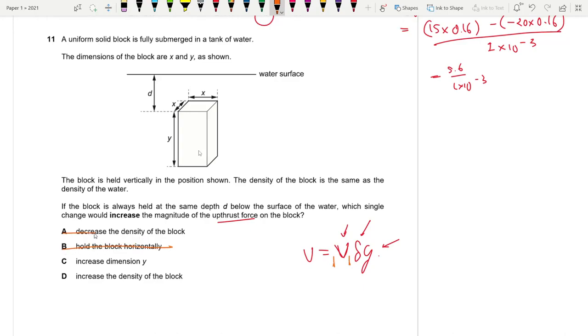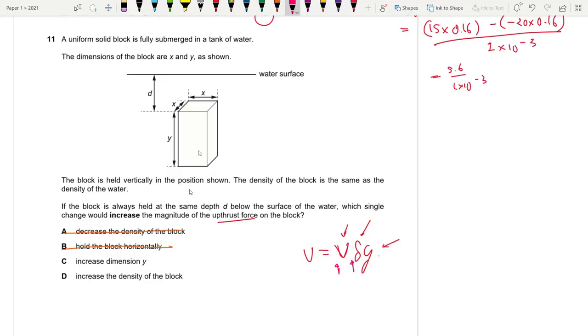Decreasing the density of the block doesn't make sense because it doesn't appear in the equation, okay? If this said decreasing the density of the fluid, that would also be wrong. Oh, we want to increase the magnitude of the upthrust. Sorry, my bad, guys. So we need to increase these values: either any dimension or volume of the block, the density of the fluid, or g.